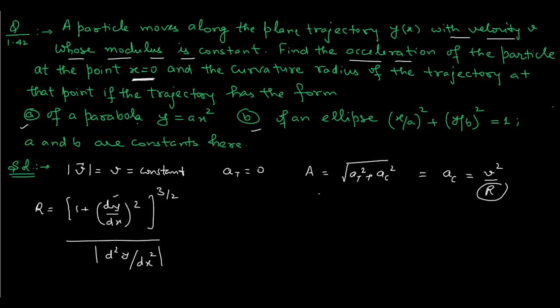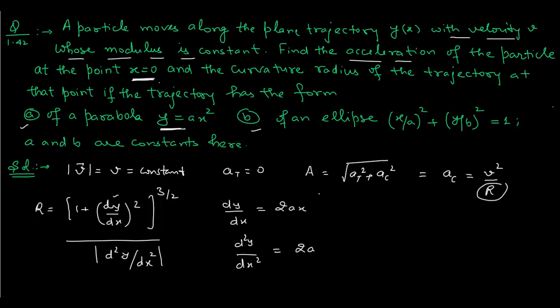This is also given. So for this parabola, if you look at this equation of the parabola and differentiate it with respect to x, I will get dy by dx equal to 2ax. And if I differentiate this again, d square y by dx square, I will get 2a. Now at what coordinate do we have to calculate?